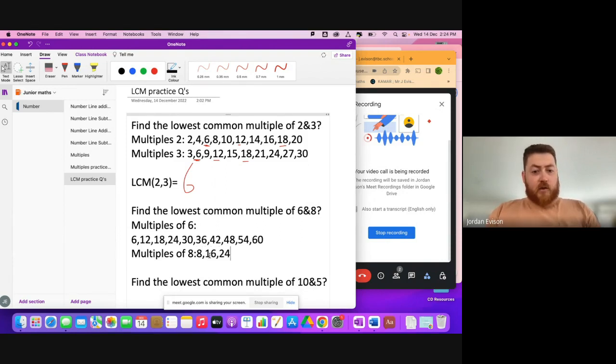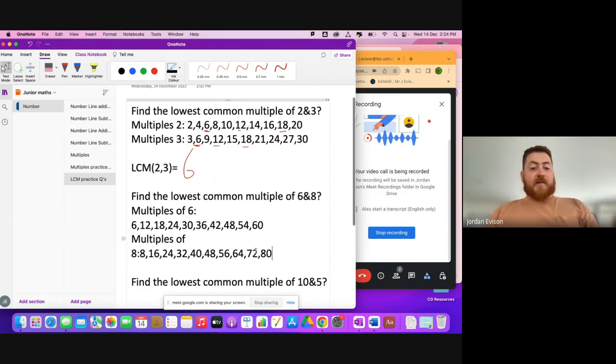Multiples of 8: 8, 16, 24, 32, 40, 48, 56, 64, 72 in there as well, and of course 80 for 8 times 10.